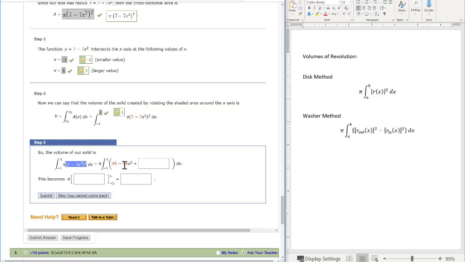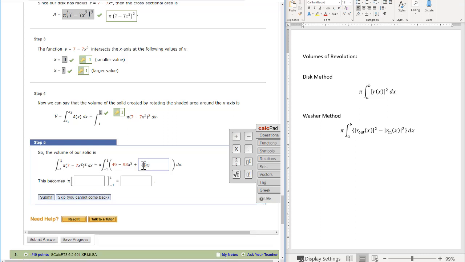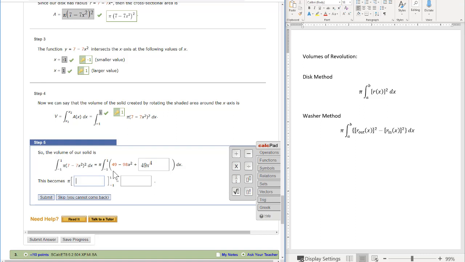So 7 squared is 49. We have 7x squared. That's going to be 7 times 7 is 49. You double that, you get 98. And then you're going to get 49 x squared squared, so that's going to be x to the fourth. Now you integrate.